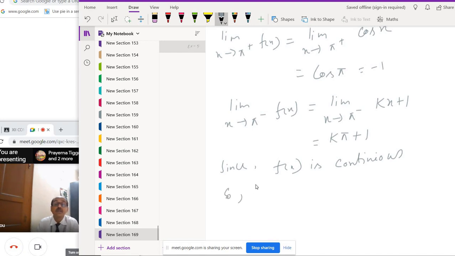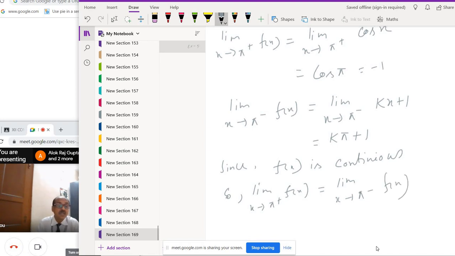So limit x tends to pi plus f(x) equal to limit x tends to pi minus f(x).